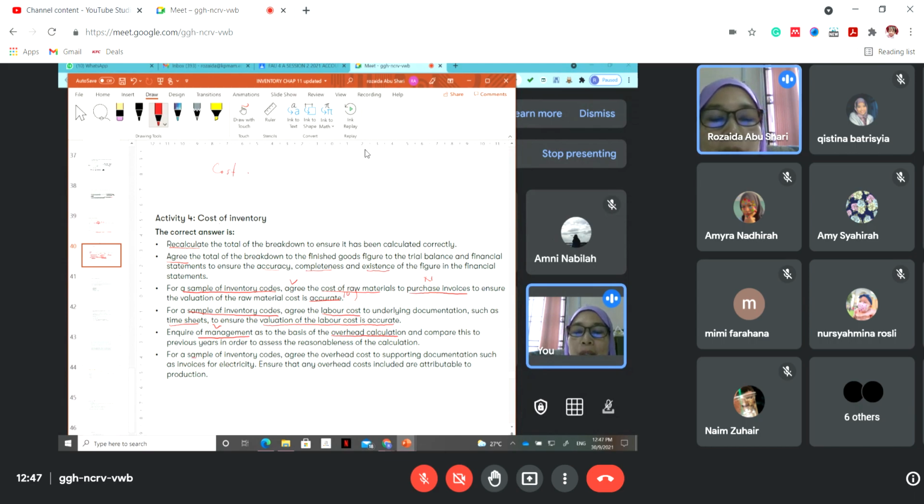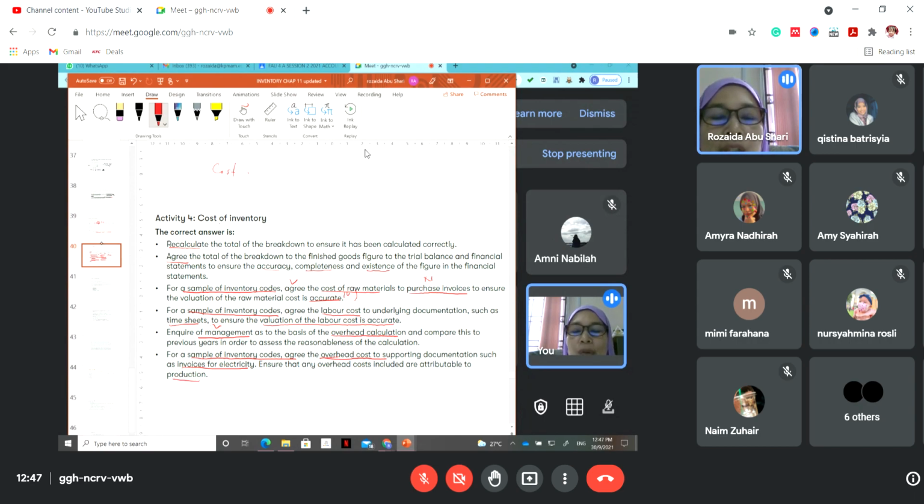And for a sample of inventory codes, agree, you want to check the overhead cost. So overhead cost again, to supporting documentation such as invoices for electricity, the electricity bill. Ensure that any overhead costs included are attributable to the production.